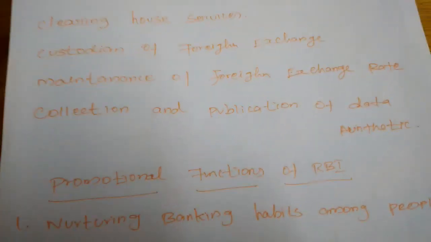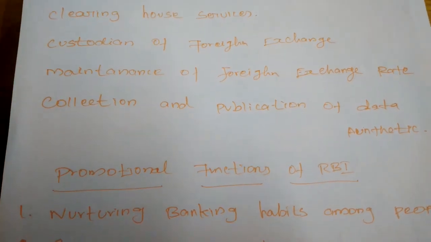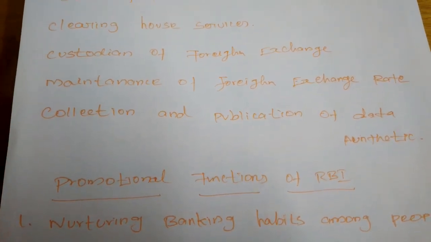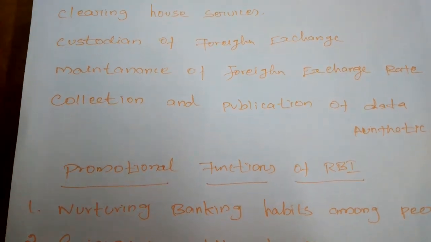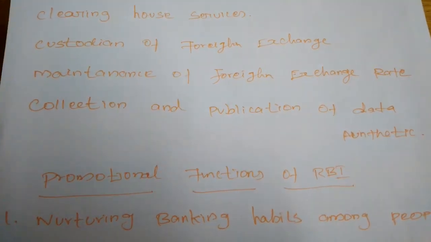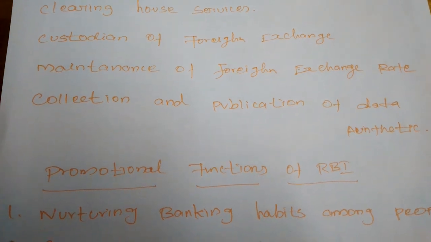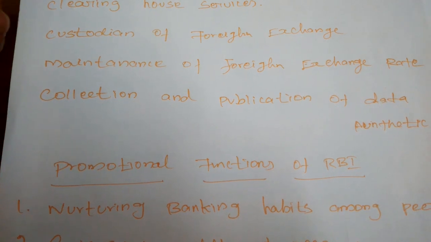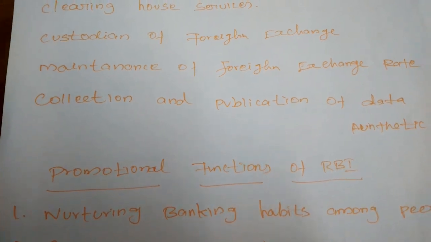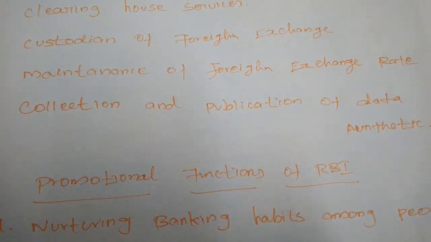So on behalf of the banking sector and the nation, the statistical information and data is collected by the Reserve Bank of India only. RBI also publishes a monthly bulletin, annual report and various committee reports containing authentic data.